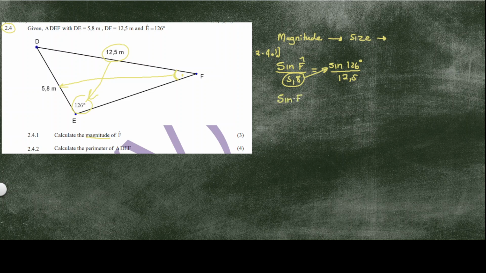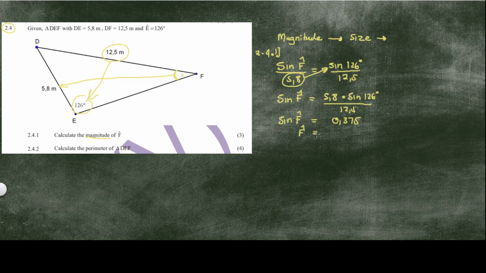You're going to end up with sine F equal to 5.8 multiplied by sine 126 degrees over 12.5. Then you calculate. We get 0.375.